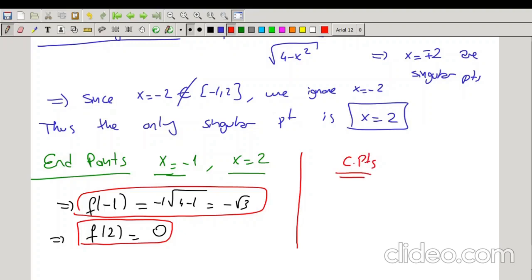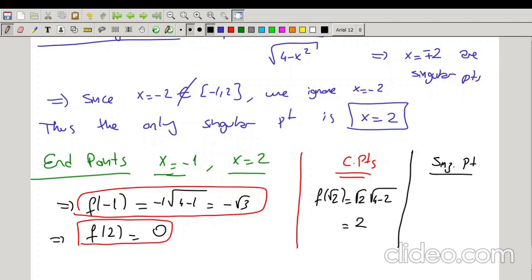We had square root of 2. f of square root of 2 is equal to square root of 2 times square root of 4 minus 2, which is again square root of 2 times square root of 2. This is equal to 2. And moreover singular point, already calculated, but let me calculate it again. We have f of 2 equal to 0.